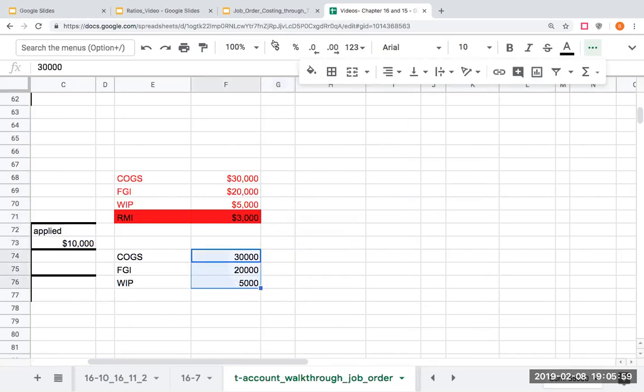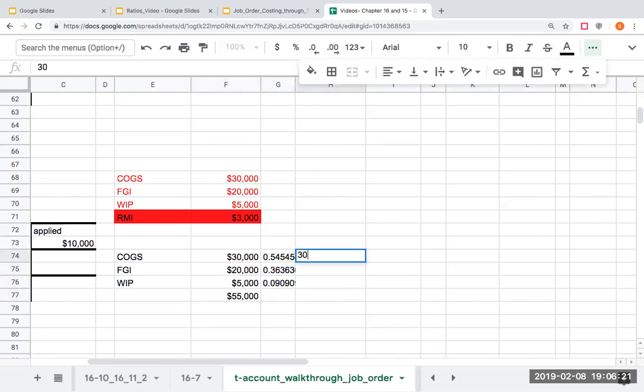My total amount here is going to be 55,000. As a percentage, if I take 30,000 divided by 55,000, I'd get 0.54545. Here it's 0.3636, and here it's 0.09. How did I get these amounts?